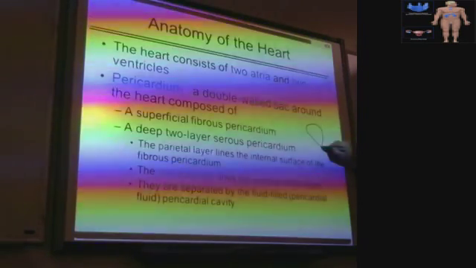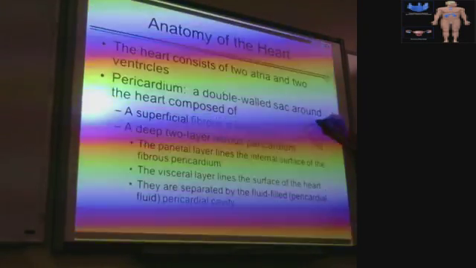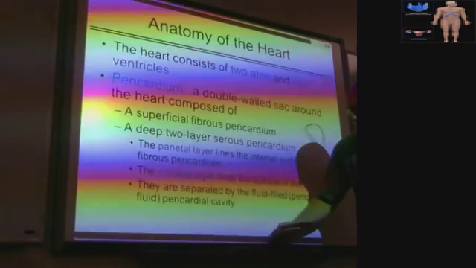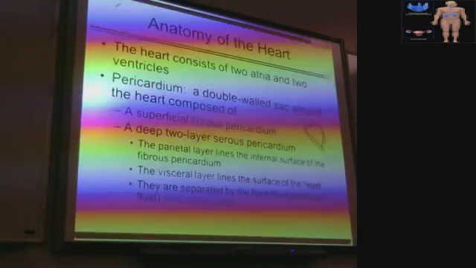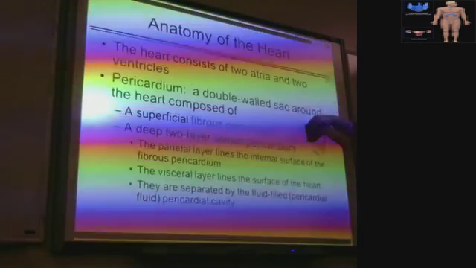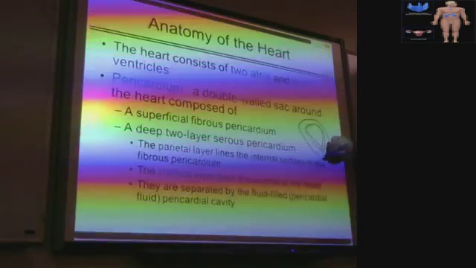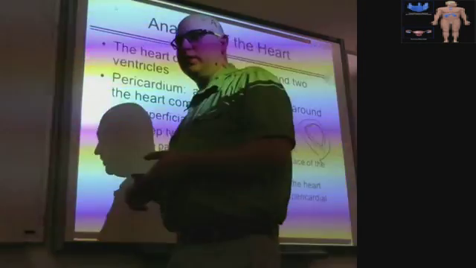You have a really tight layer which is very tight to the heart, and in between that and the outer pericardium, you'll find that there's a fluid-filled area. We're going to look at that later.